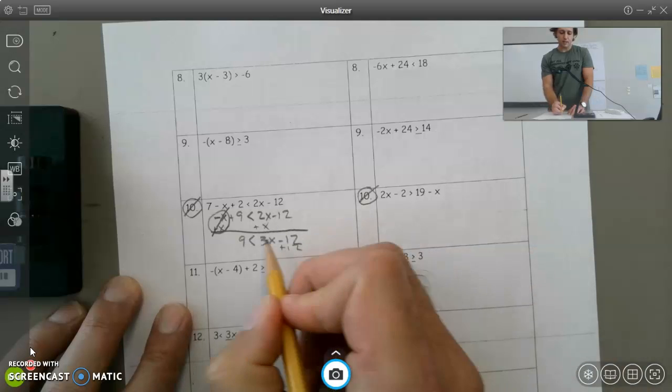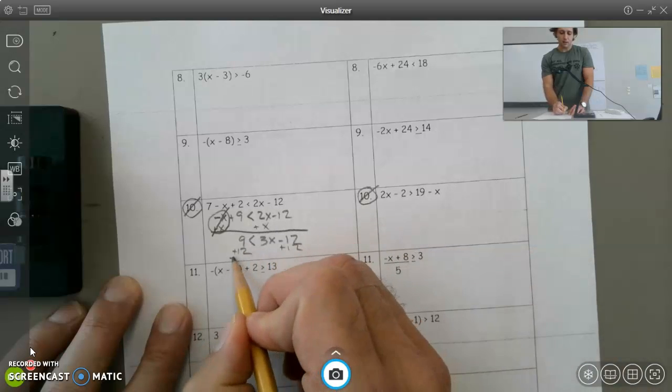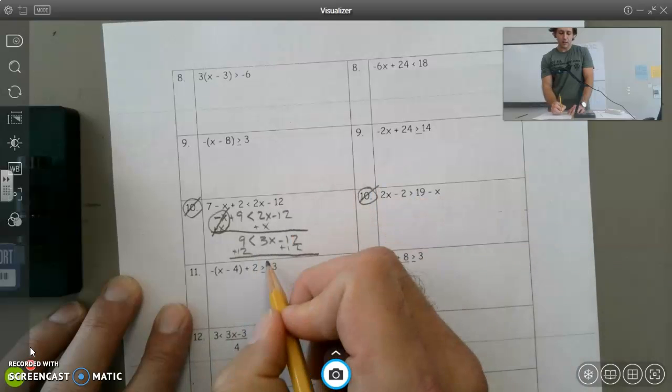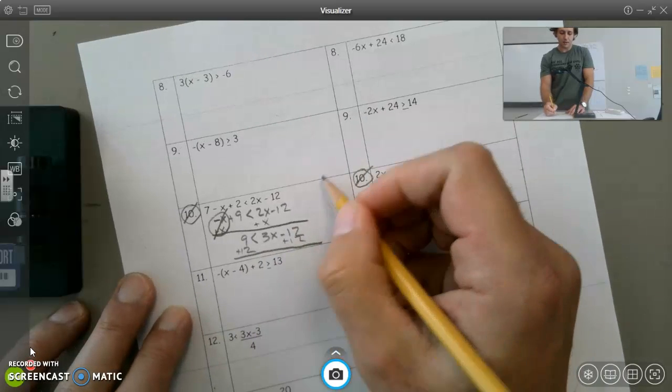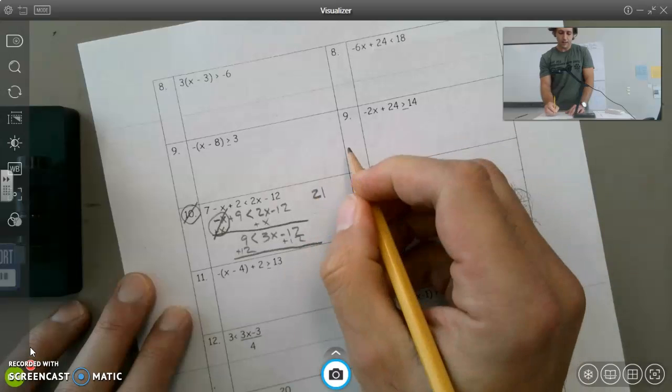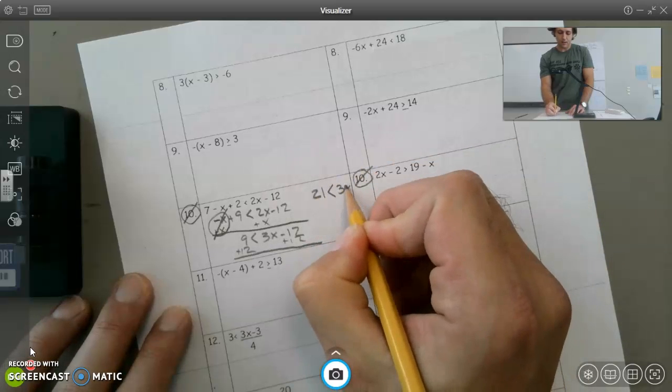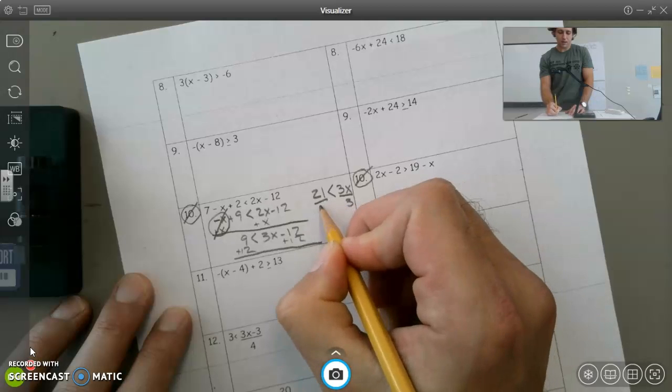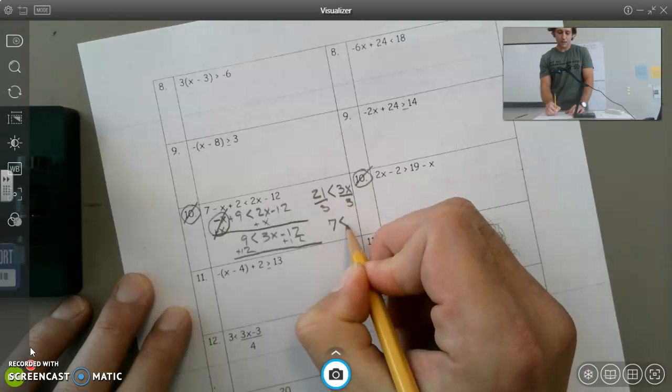Add 12 to each side. I would get 21 is less than 3x. If I divide by 3, 7 is less than x.